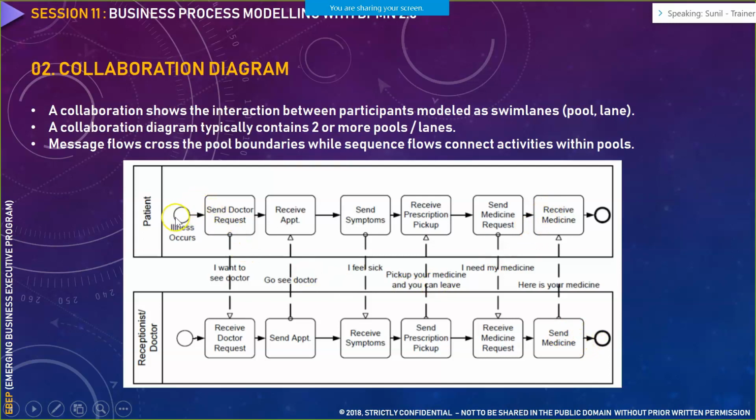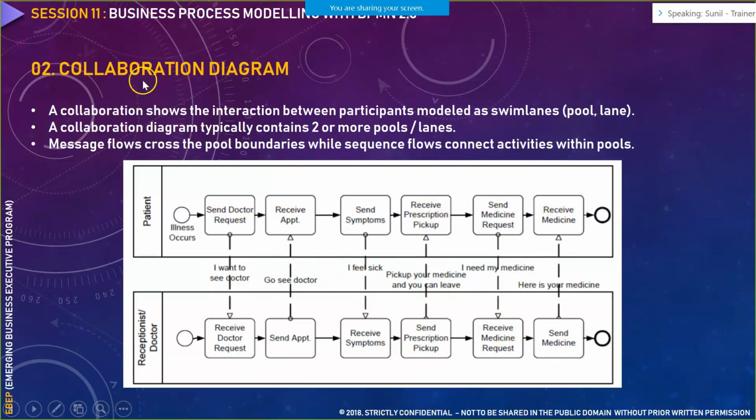So this way, if you could see, an alternation of messages is happening. Here a send is happening and here a receive is happening. Then a send, then receive, then send, then receive. So that means the information is constantly being exchanged.